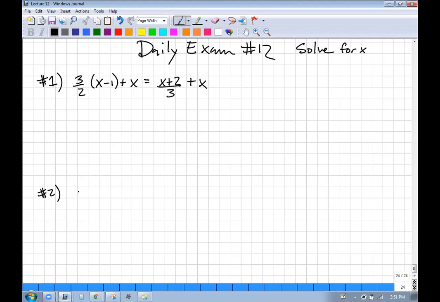Let's say I have 5, 6, a plus b plus c equals, I'm going to put an x here, plus x equals 3x plus 2 times a minus b.